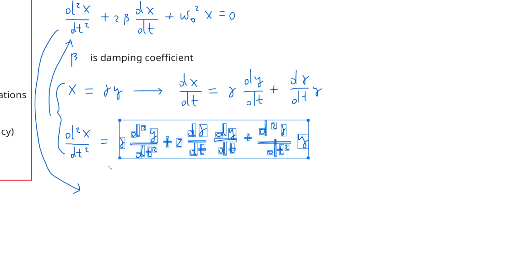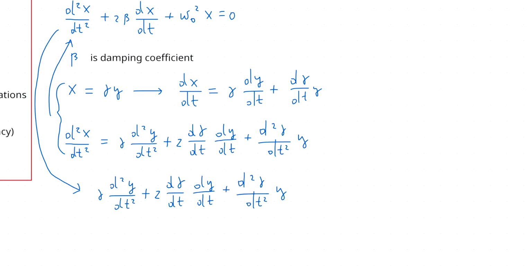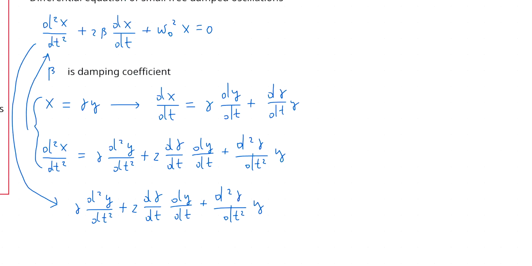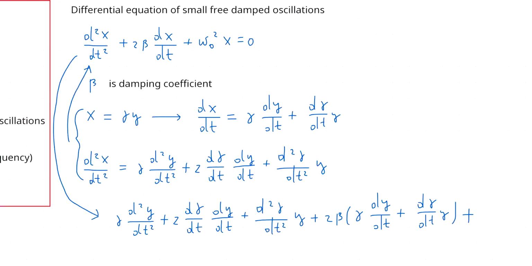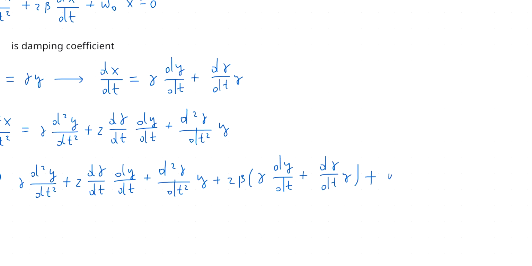So after substitution, we will obtain this plus 2 beta, open brackets, and here in brackets will be this sum, and plus omega 0 to the power of 2 gamma y, and it is equal to 0.